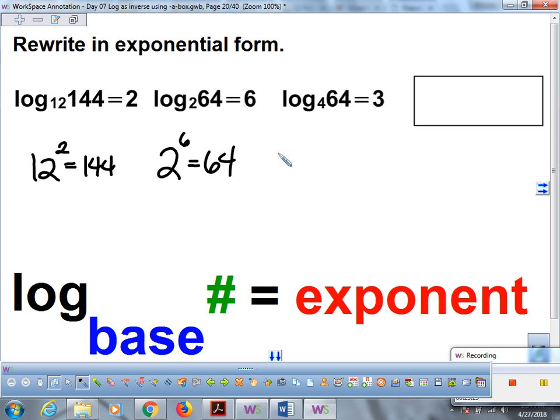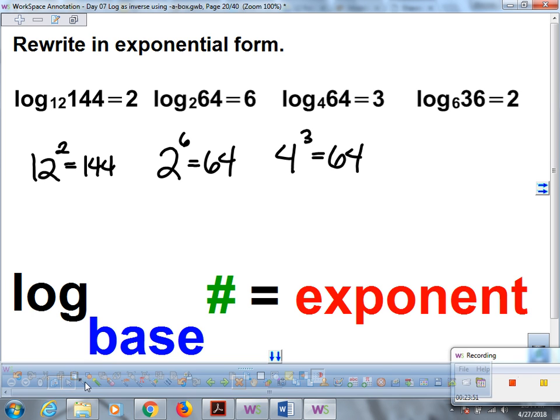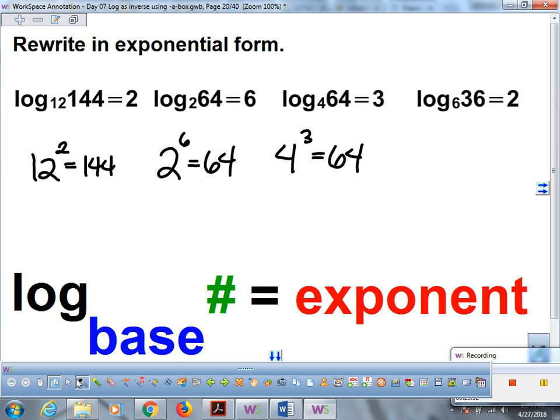So base of 4 cubed equals 64. Is that true? Yes, and we did it right. What about this one? Try this one. So base 6, the exponent of 2 equals 36.